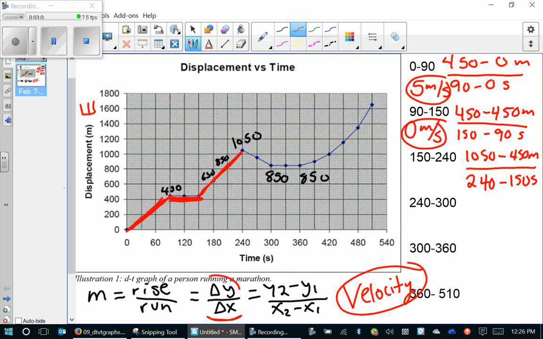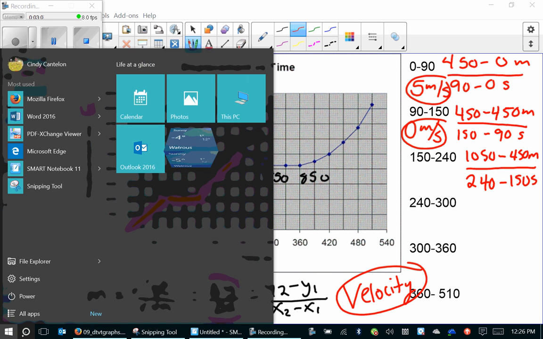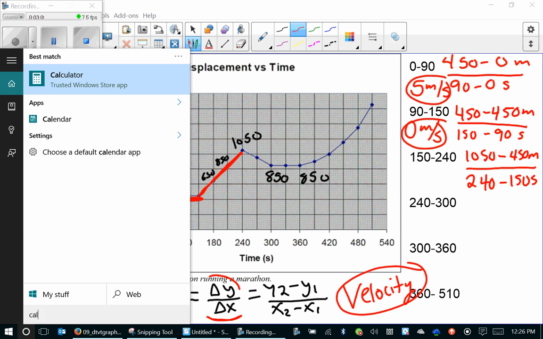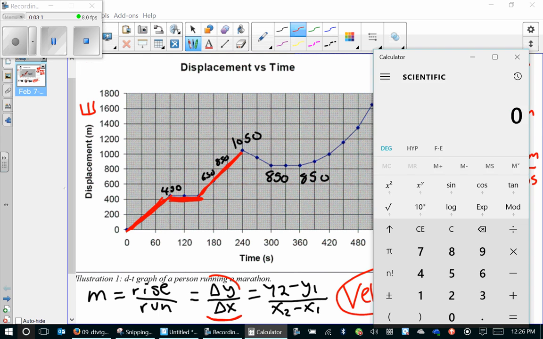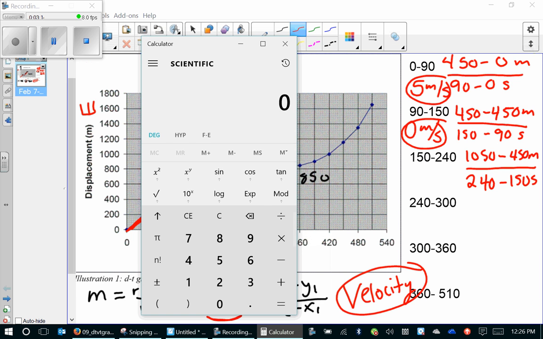Okay, so we're going to have to do some calculations here. 1050 minus 450, and we're going to divide that by bracket 240 minus 150 bracket.